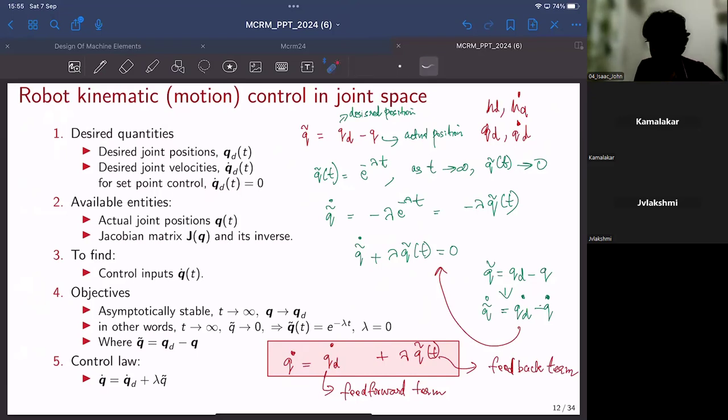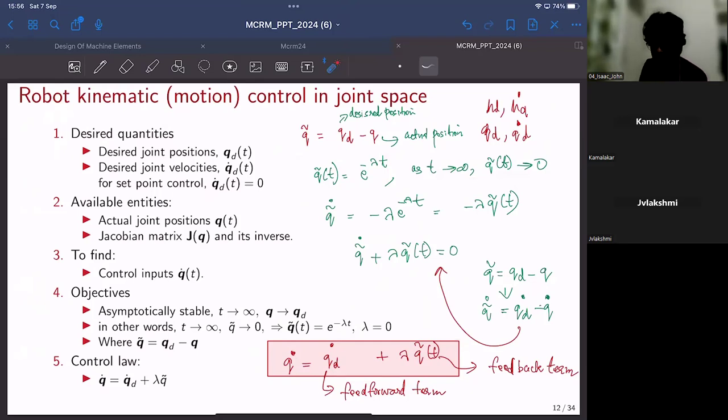So in essence, if this is your control law, if you give this velocity input to your actuators, you can more or less guarantee that the system becomes asymptotically stable. If this is your input, your system will behave like this. So a behavior like this basically means that as time tends to infinity, Q tilde tends to 0.